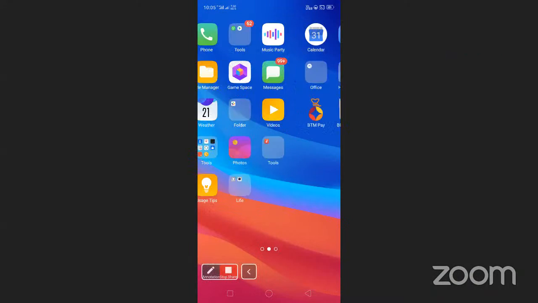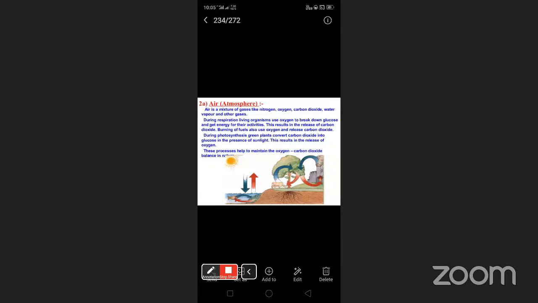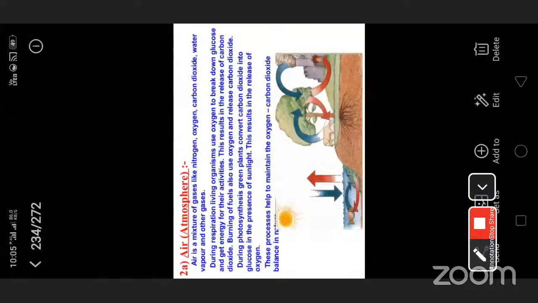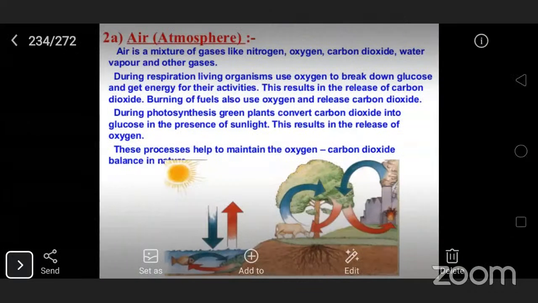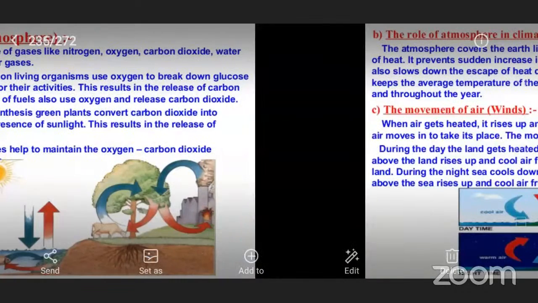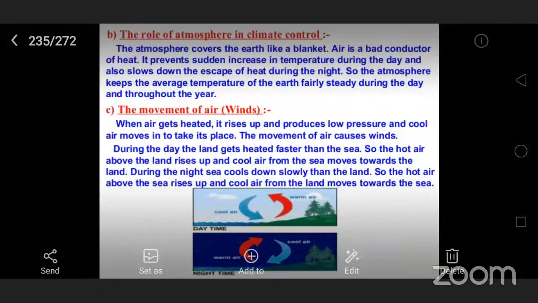The presence of gases around the earth prevents an increase in the temperature of the earth during the daytime. The atmosphere prevents the harmful radiation of the sun from reaching the earth's surface.